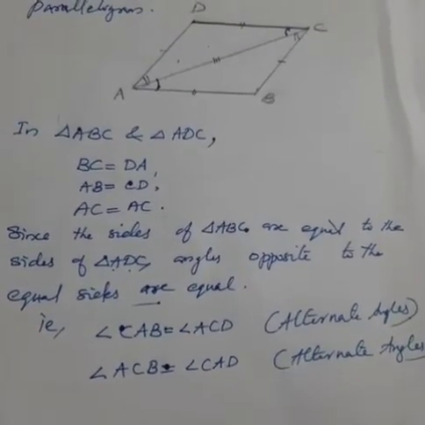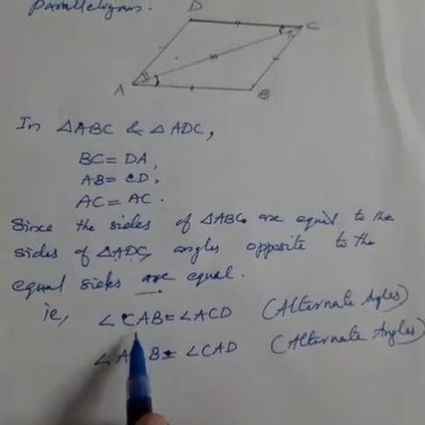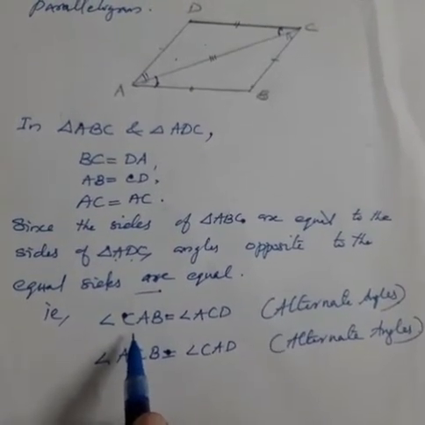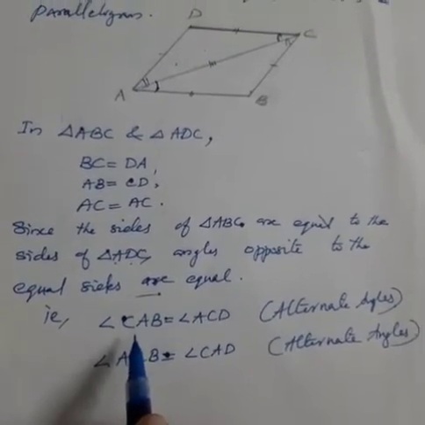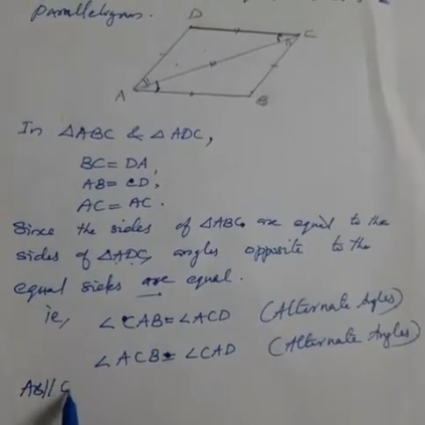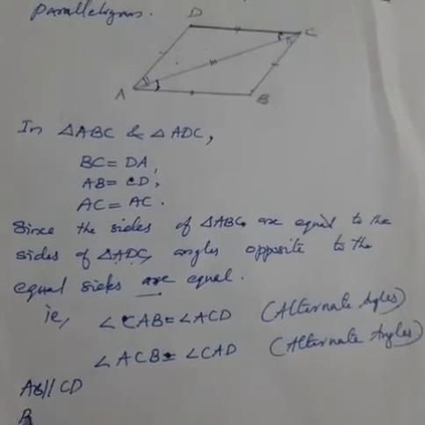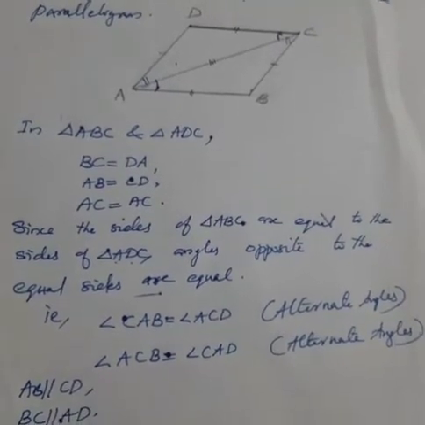Both are alternate angles. So you can write the opposite sides are also equal. And here it is parallel also. So AB is parallel to CD and BC is parallel to AD also.